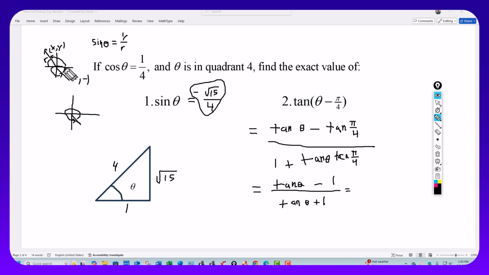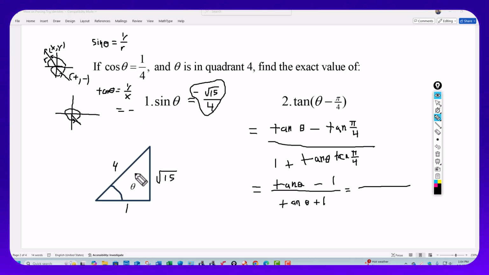But let's refer to the diagram over here. Remember, this is the reference angle right here. But the main angle we're looking at, theta, is over here. And the tangent of that angle is y over x. So a negative over a positive will be a negative.